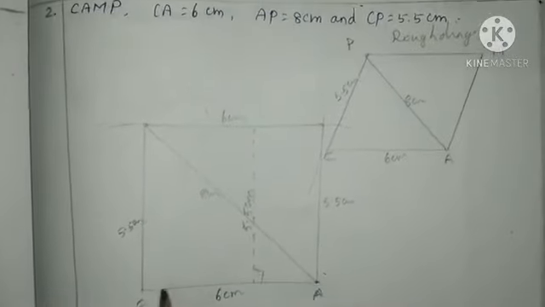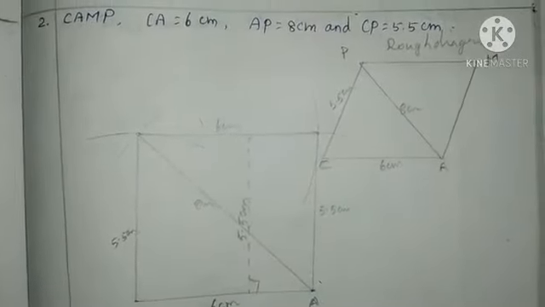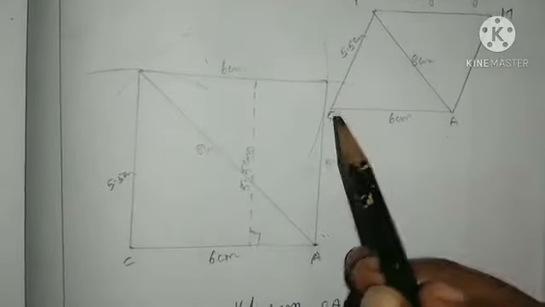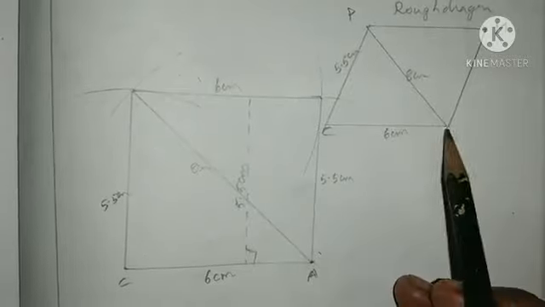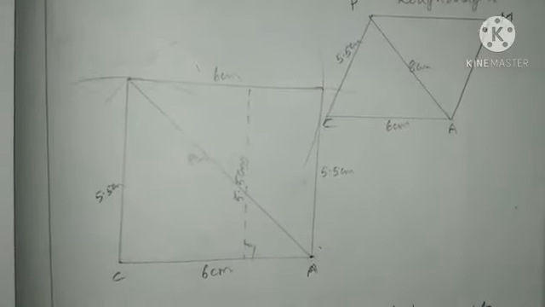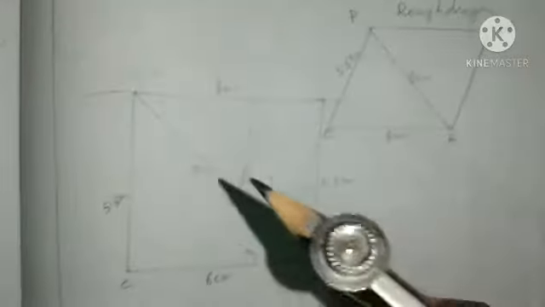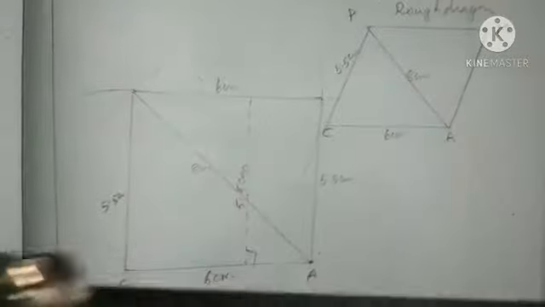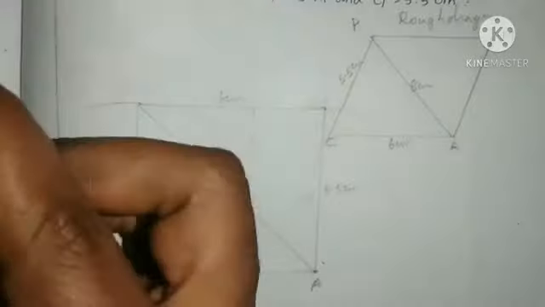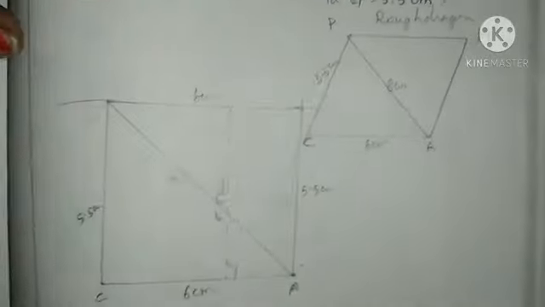Here also first you have to draw the base CA of 6 cm. Then after drawing the base, the next measurement given is AP. AP is equal to 8 cm. So you have to take 8 cm in your compass. Then from A you have to cut an arc. Then the next given measurement is 5.5. So you have to take 5.5 in your compass.